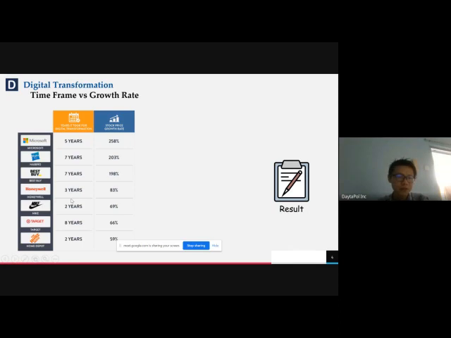I would like to pick two of them. The first one is the electronics store, Best Buy. Probably you've heard of it. I would like to share with you what they have done over the past years, what changes they have made, and what they have achieved so far. In the first place, Best Buy used to sell electronic items like fridges and televisions.